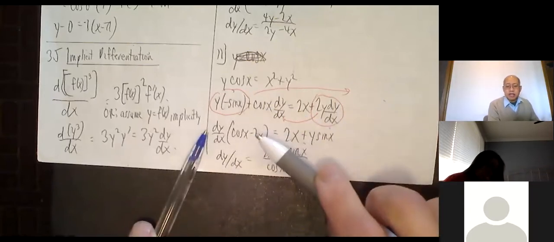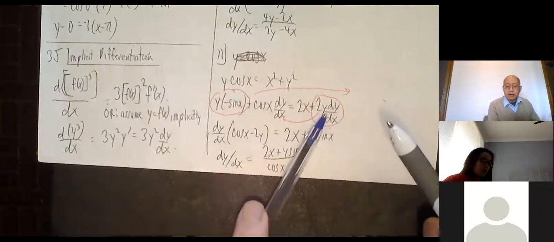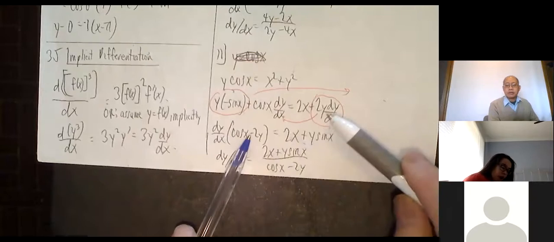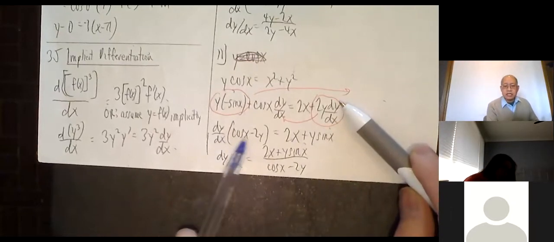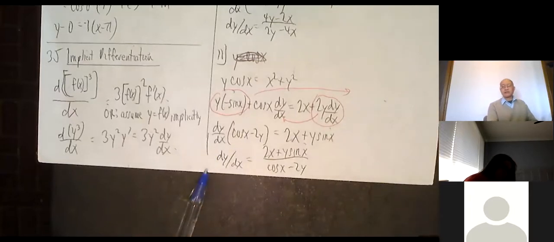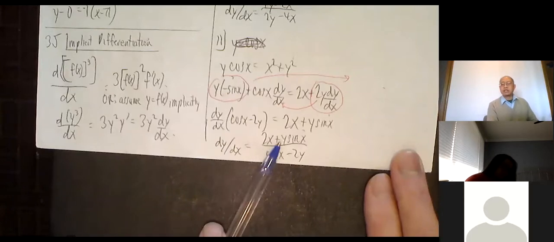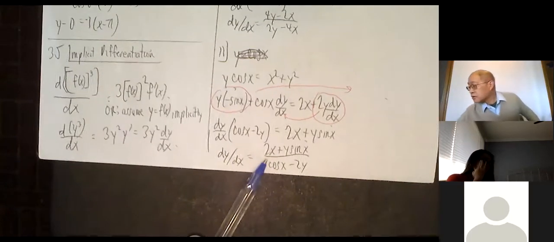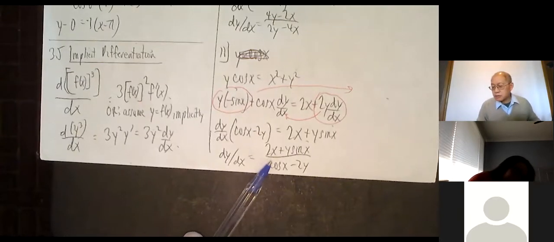So I factor out the dy/dx, and I will have cosine x minus 2y, right? I bring that over, it becomes a minus, equals all this stuff. Then divide both sides by cosine x minus 2y, and finally you have it. So there's my final answer. dy/dx equals 2x plus y sine x over cosine x minus 2y. So that big mess there is my final answer.